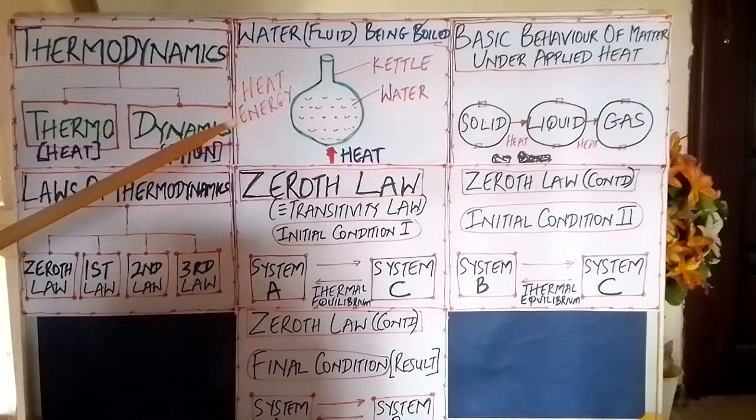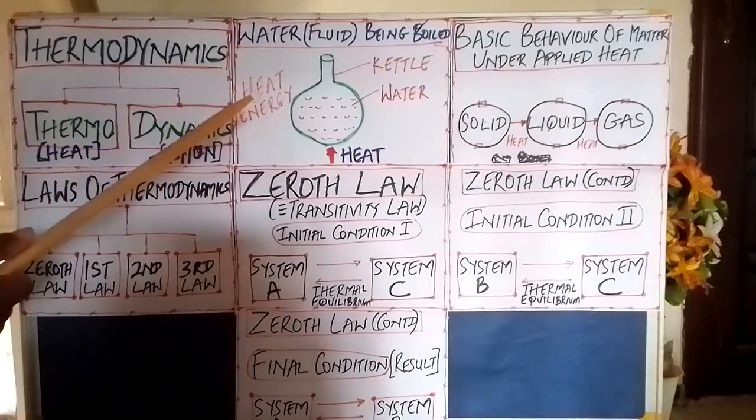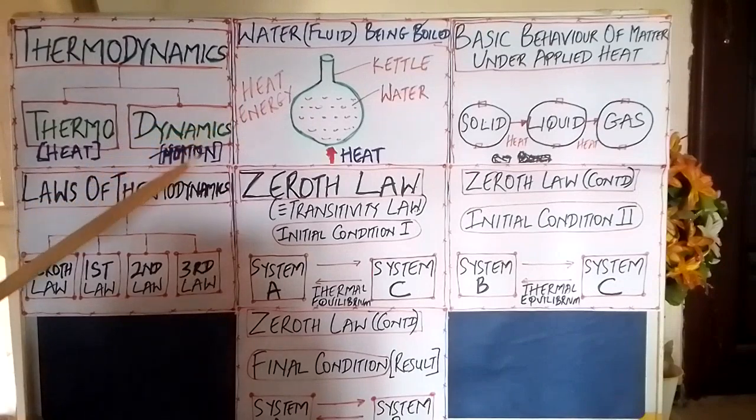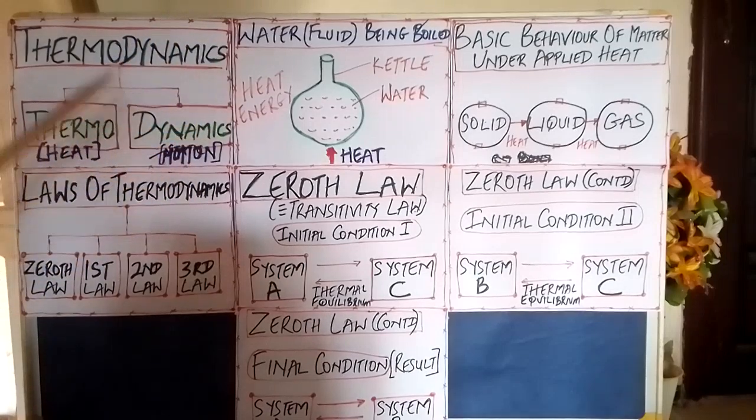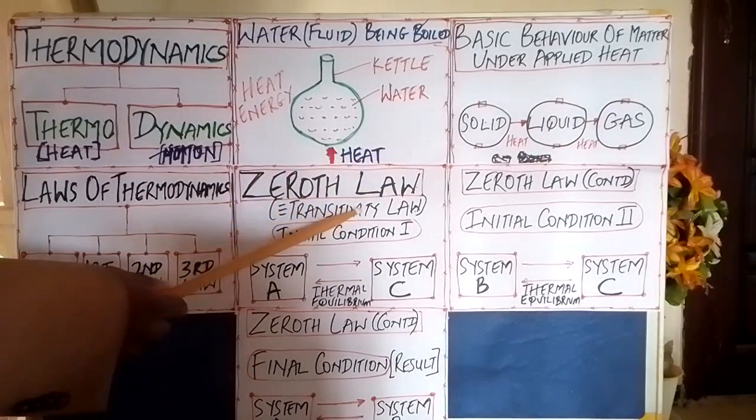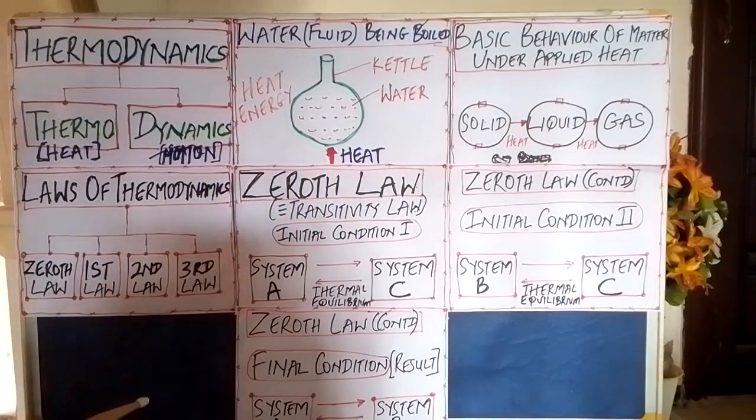That is simply what transitivity means with respect to physical science. Of course, you also have reflexive law, you have symmetric law, you have anti-symmetric law. But with respect to Zeroth law, it's the transitive law that is obeyed.